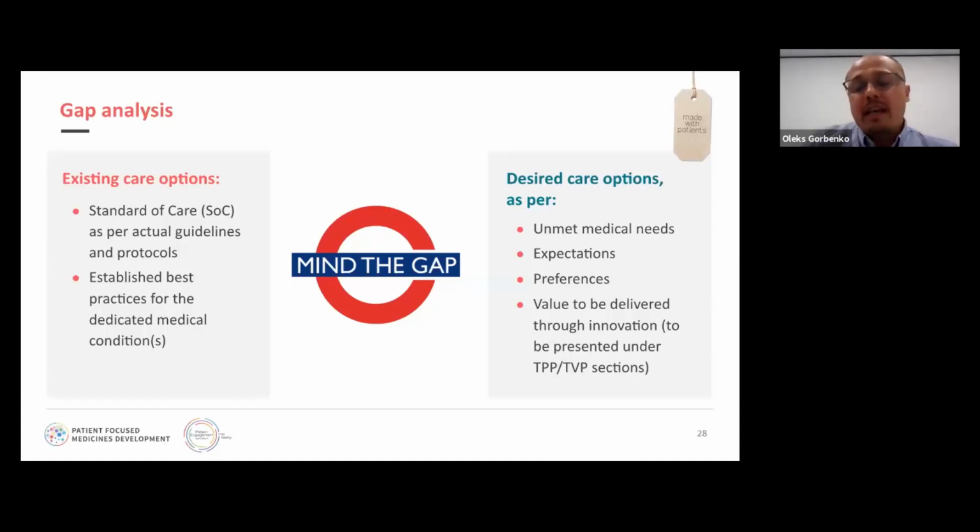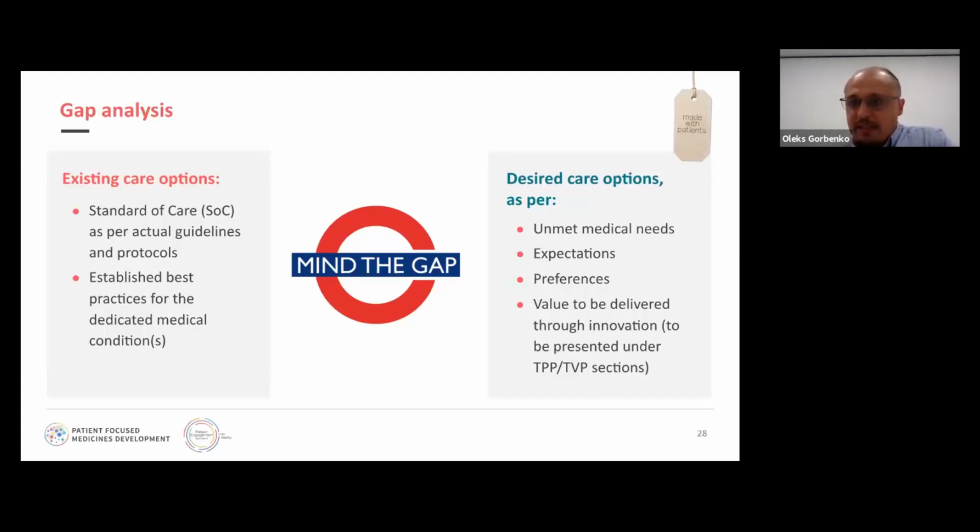But not always do we have a standard of care for dedicated medical conditions. We need to consider all possible options, including established best practice examples for these dedicated medical conditions for best interventions. That's why it will be very clear what the key disadvantages and key gaps are with the existing options.